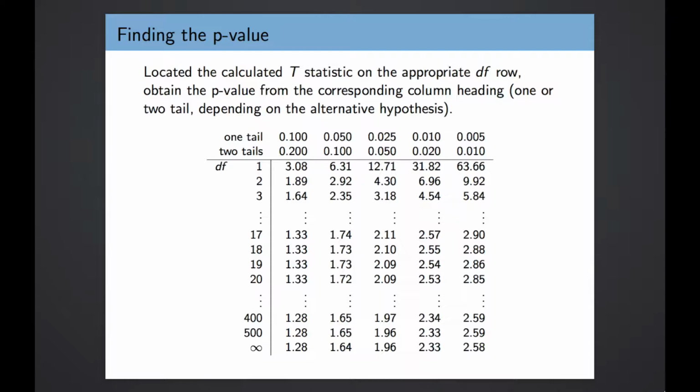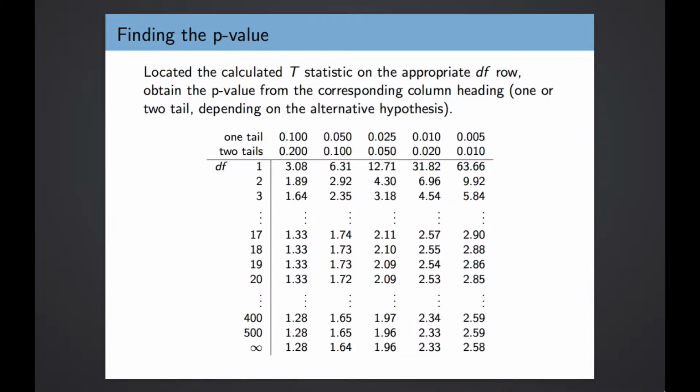Now if we go all the way out to the last row, if you got a test statistic of 5.84, that would be associated with a p-value of 0.01 for a two-tailed hypothesis test. So in the middle of the t-table are sort of what you can think of as cutoff values for different p-values at different degrees of freedom, and of course depending on whether you're doing a one-tailed or two-tailed hypothesis test.